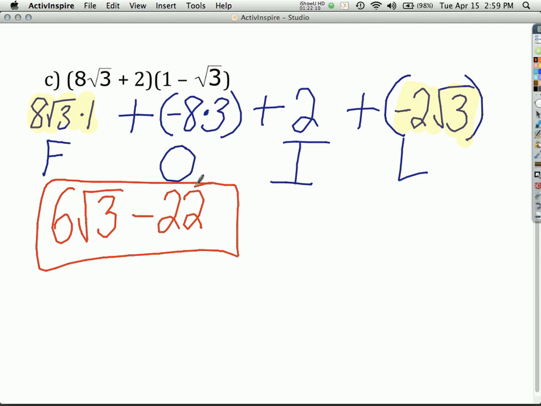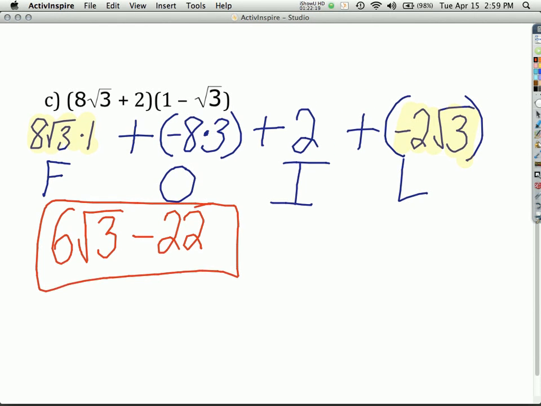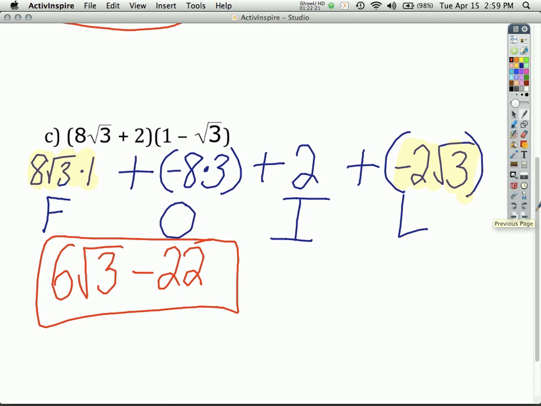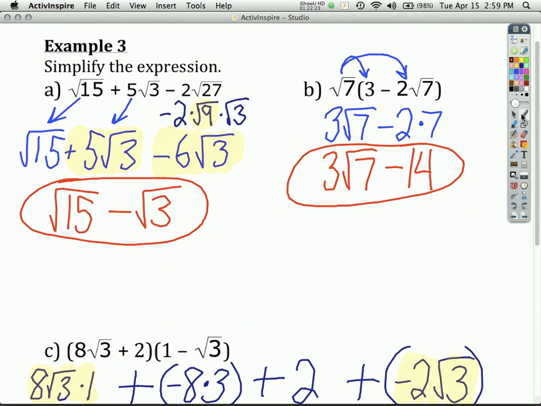And we just did FOIL with radical expressions. Any comments, questions on foiling the binomials or distributive property or like terms? Ideas pulled from all different areas from this year. Any comments, questions?